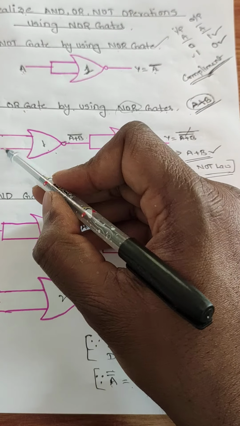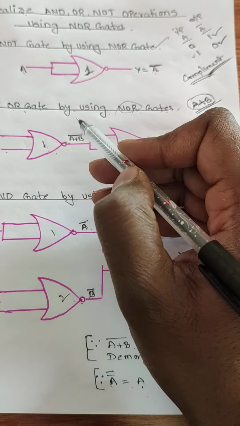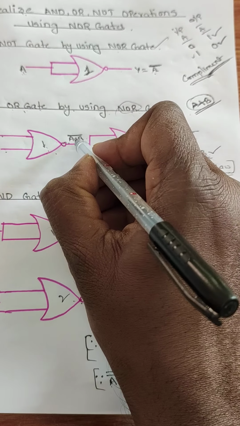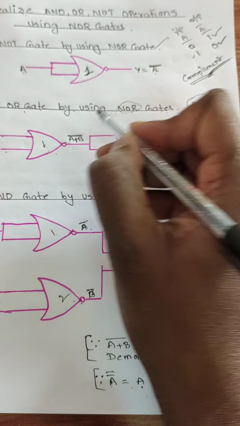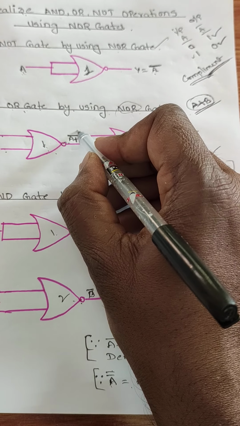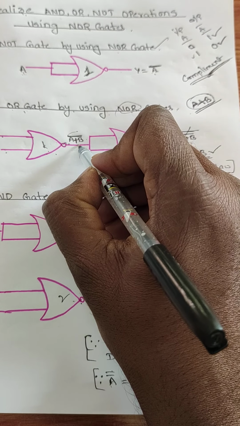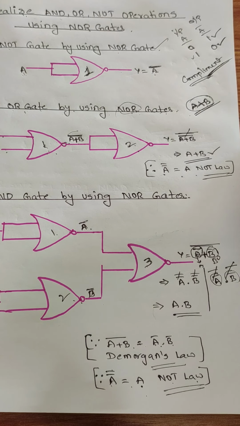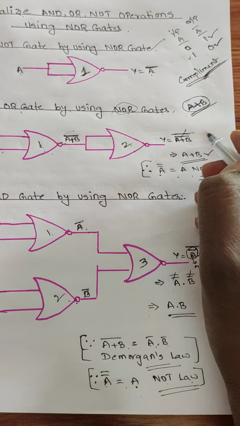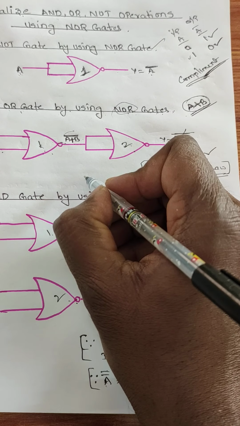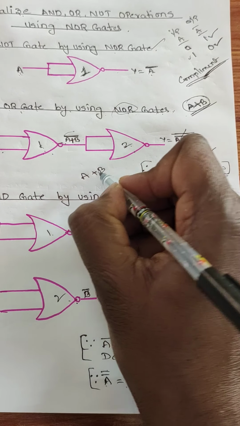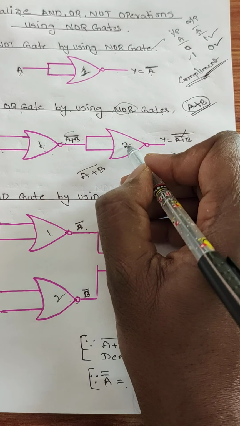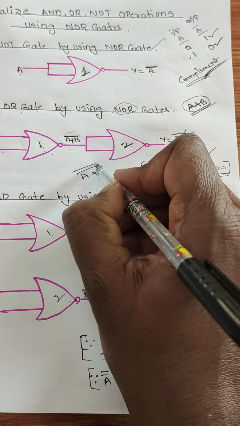First, the two inputs are given to the first NOR gate, and write down as it is A, B, and in between A plus B, plus and bar. The total output of the first NOR gate is given as an input to the second NOR gate. A plus B whole bar is the output of the first NOR gate, and just after the second NOR gate keep one more bar.